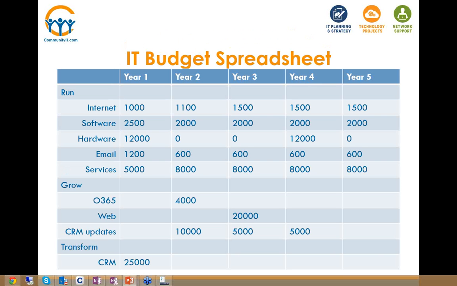So this can help you see how a project can start in the transform or grow area, and then shift into the run stage as you get into a steady state. It's just a framework for helping to understand the different technology investments that your organization is going to make, and how those costs add up over time.